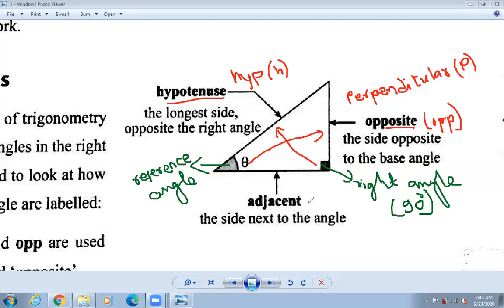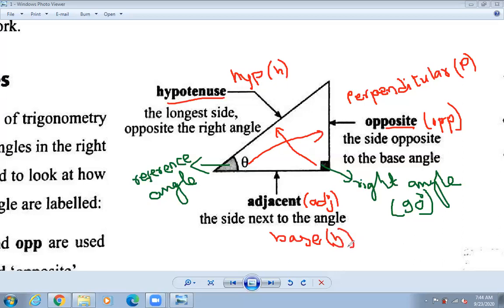Adjacent is represented by ADJ. Otherwise, this is also called base, which is represented by B.